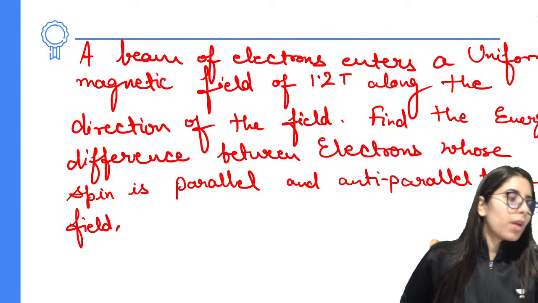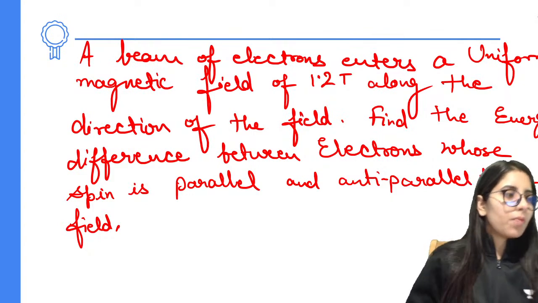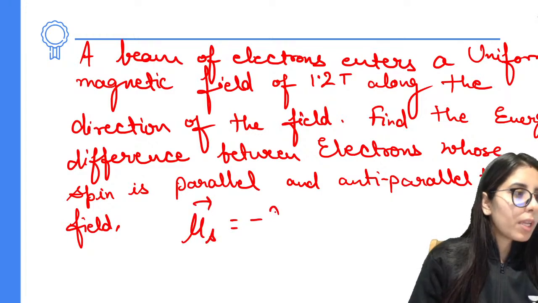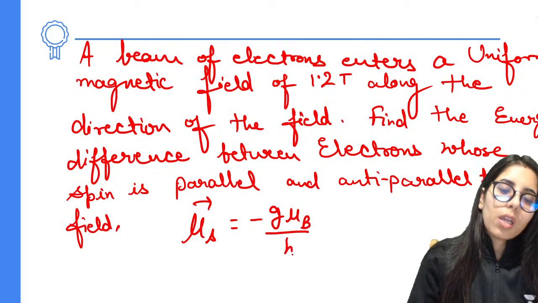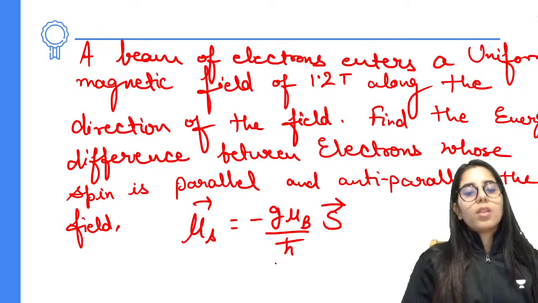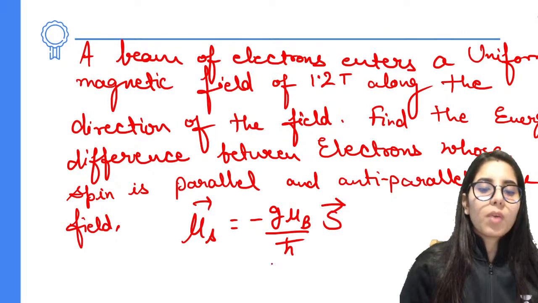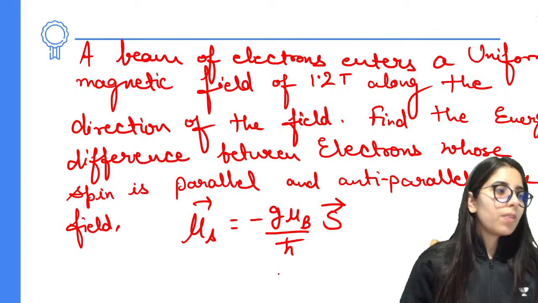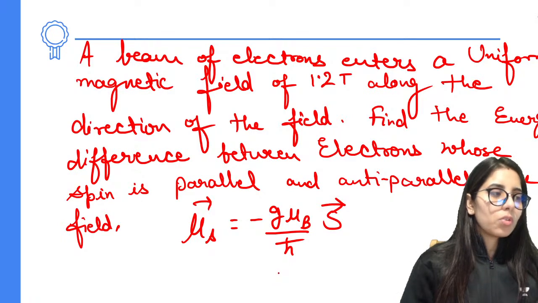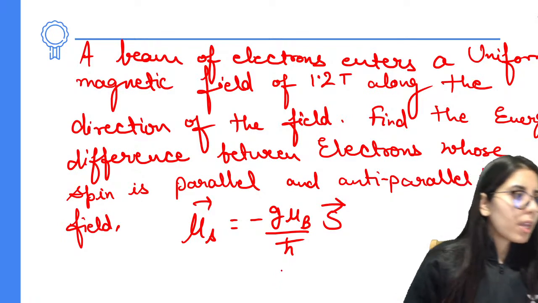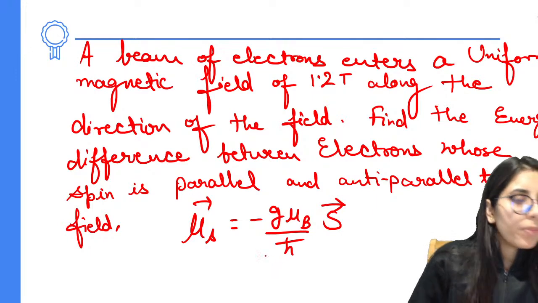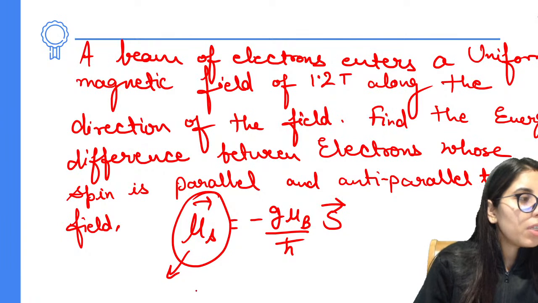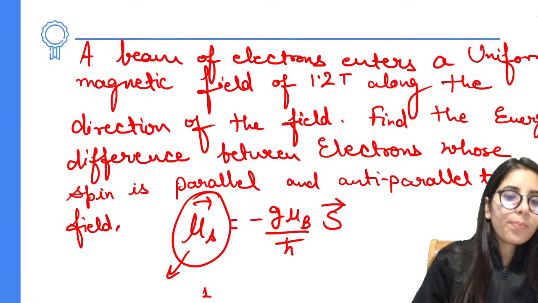So we are going to use the spin magnetic moment formula, which is mu s equal to minus g mu B upon h cut times the vector s, where the magnitude is root s into s plus 1 times h cut. Now if we talk about the g value and the mu B value, for the spin magnetic moment, it will have the value 1.